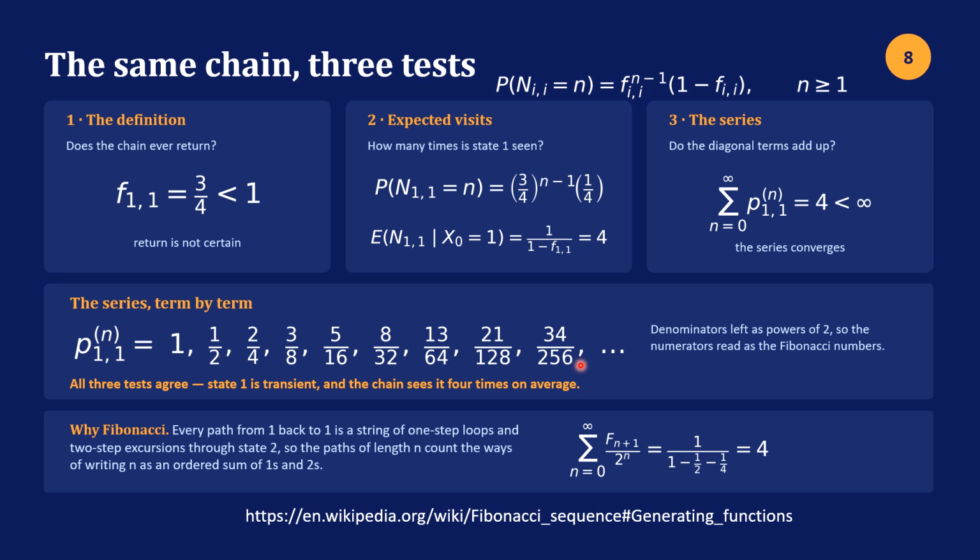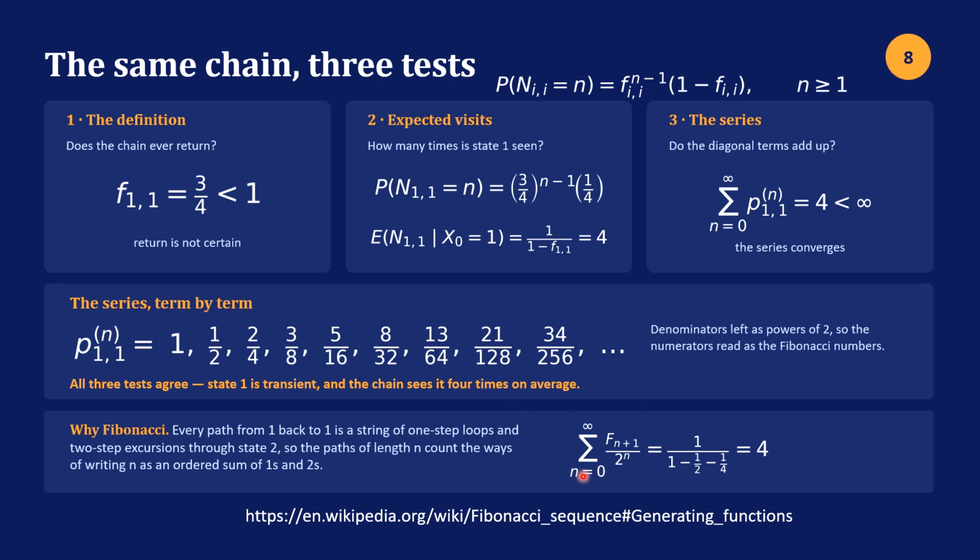Fortunately, we have a way of doing this. This looks rather formidable, but these numbers up here are the Fibonacci sequence, 1, 1, 2, 3, 5, 8, and so on. Each one is the sum of the previous two numbers, and the denominators are just powers of 2.